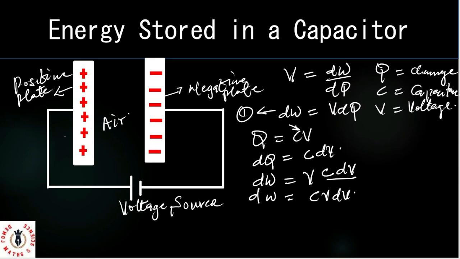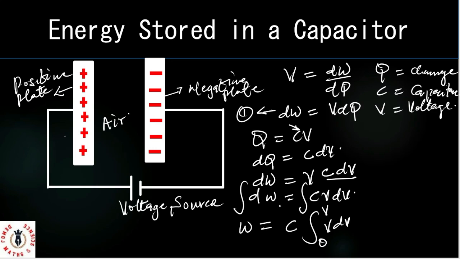Now I can integrate both sides. Integrating this side, W becomes C times the integral of V dV, ranging between 0 and V, because the potential across the capacitor begins to build. We imagine it building from 0 to a final voltage V.